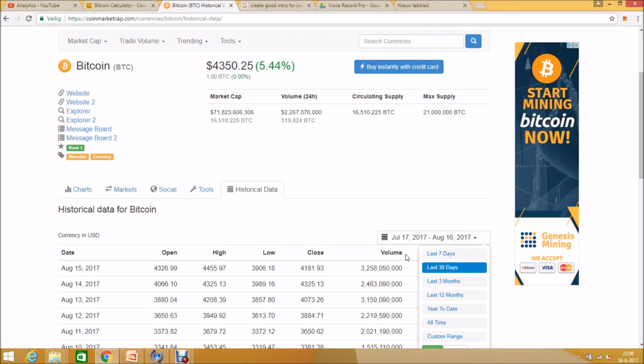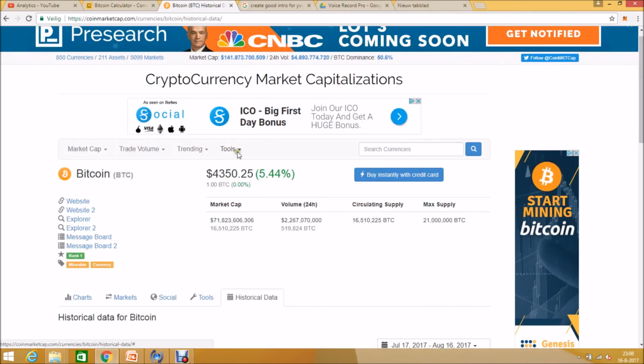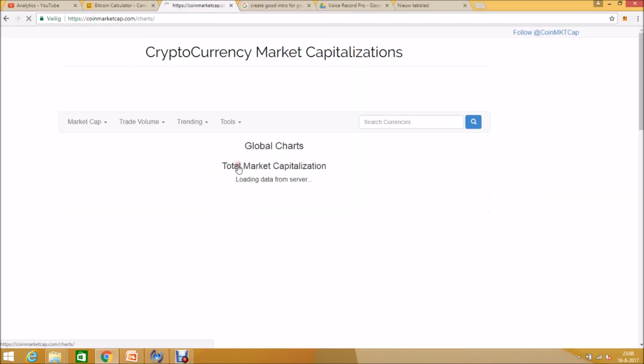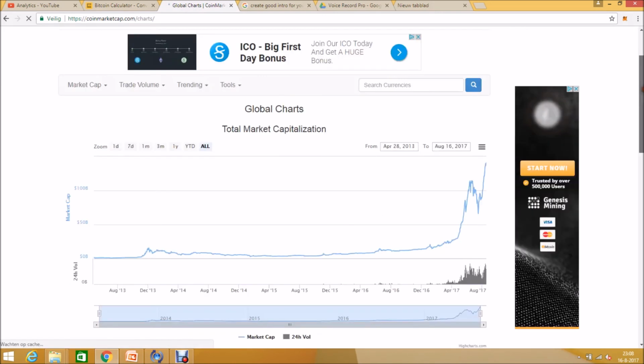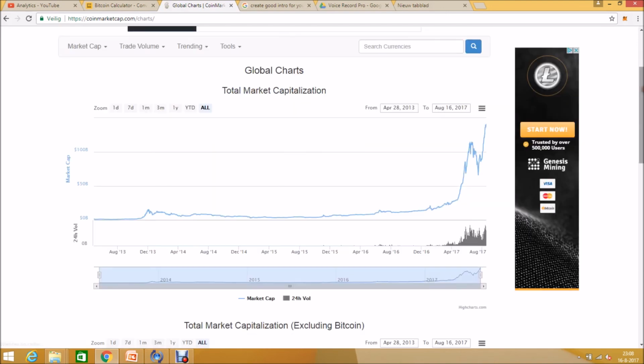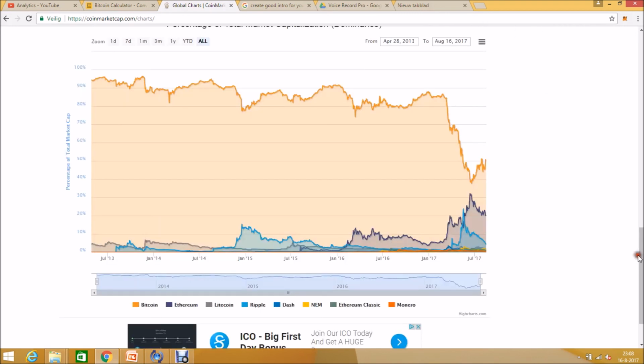So you have many more things. You have global charts in the tools. This will show you the total market capitalization in a graph, and below that the total market capitalization excluding Bitcoin. Then further down you see the dominance of the coins that are involved.